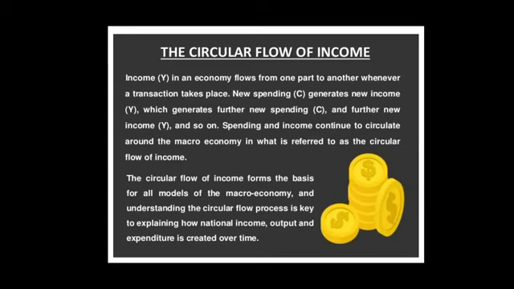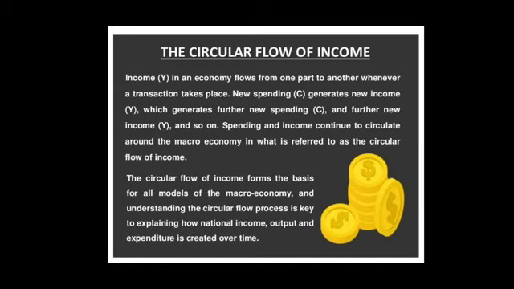And third important economic activity is the expenditure of income in terms of consumption expenditure, which is the expenditure by households on final goods and services, and investment expenditure, that is the expenditure for the creation of new capital assets.